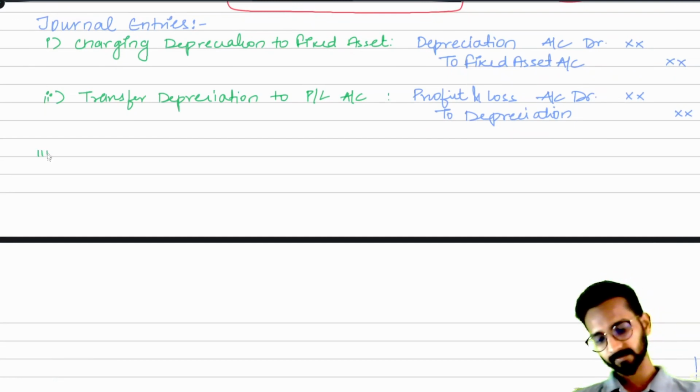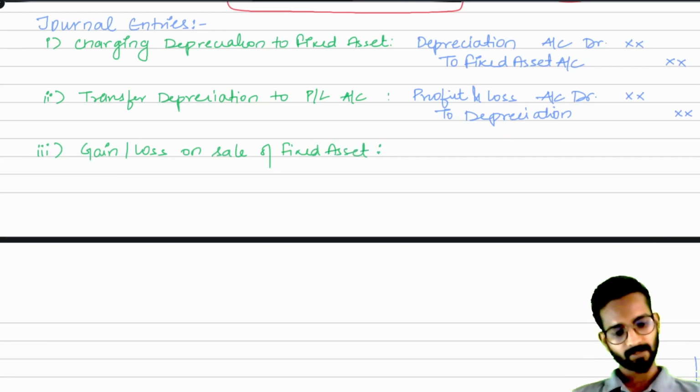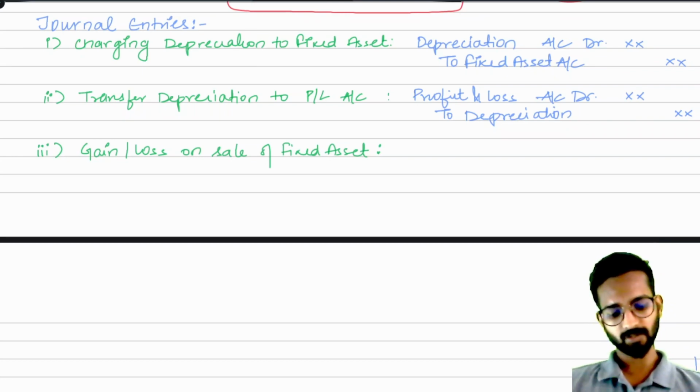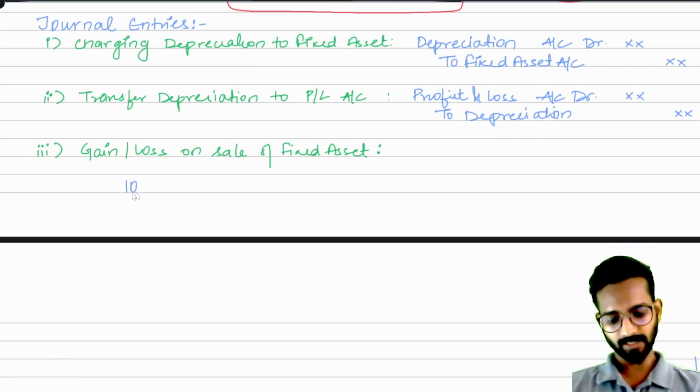Third is gain or loss on sale of fixed asset. What is happening? See, when there is a gain or loss, it means what? You purchase a fixed asset for say 1 lakh rupees.